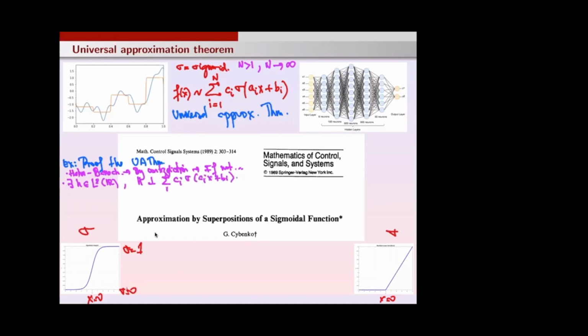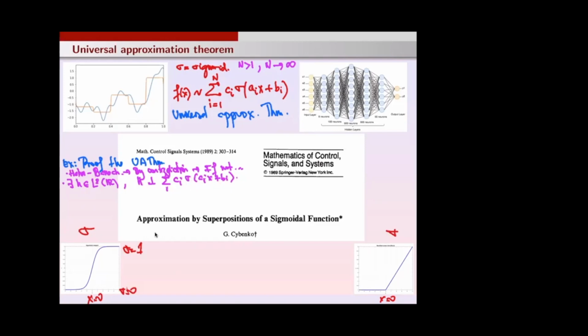right? In particular, if h is orthogonal to each of these functions, of course, it means that the integral of h against all these combinations of sigmoids is equal to 0. Of course, h will be in particular orthogonal to every individual sigmoid like this, right?